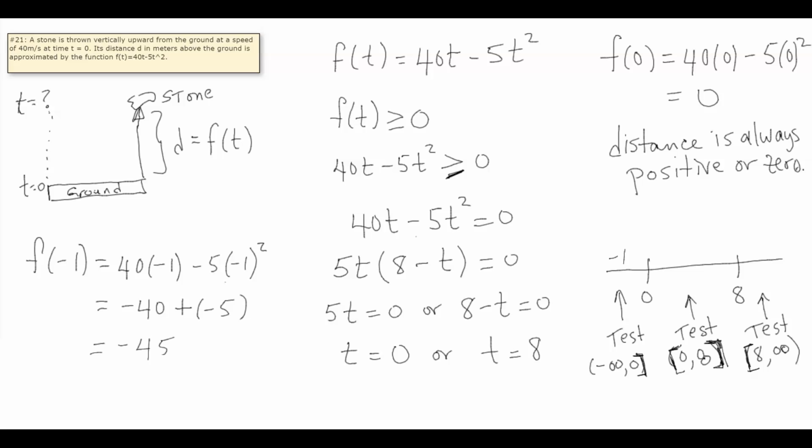So what that means is I cannot take anything from that interval. This interval does not work, because remember, my goal is I need this value to be greater than or equal to 0, and it's not.